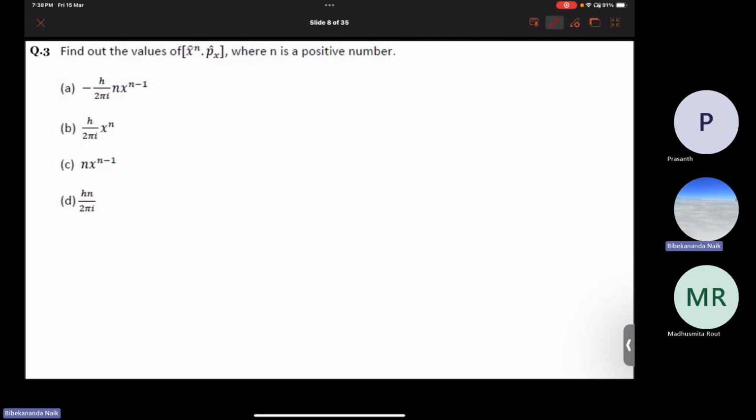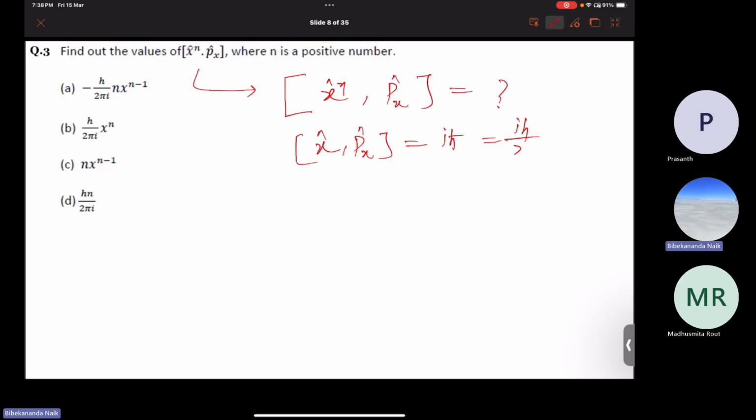The question says, what will be the commutator of x to the power n cap and p cap? But we know the commutator of x cap and px cap has the value i h cross, or i h by 2 pi.